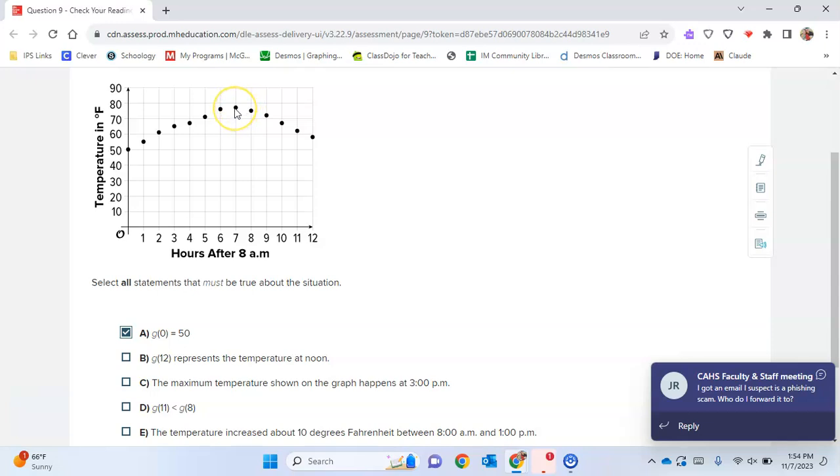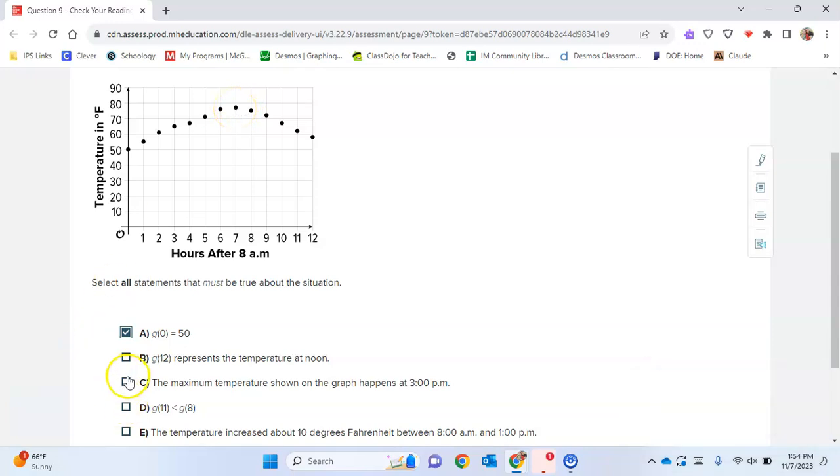I agree, that's the maximum at 3. g of 11 is less than g of 8. g of 11 is just above 60, and g of 8 is about 75. So g of 11 is less than g of 8.